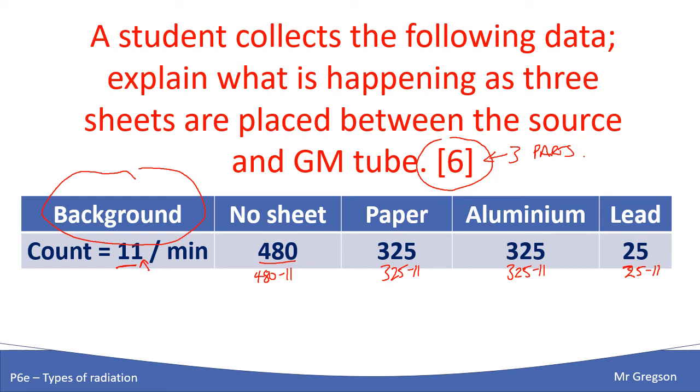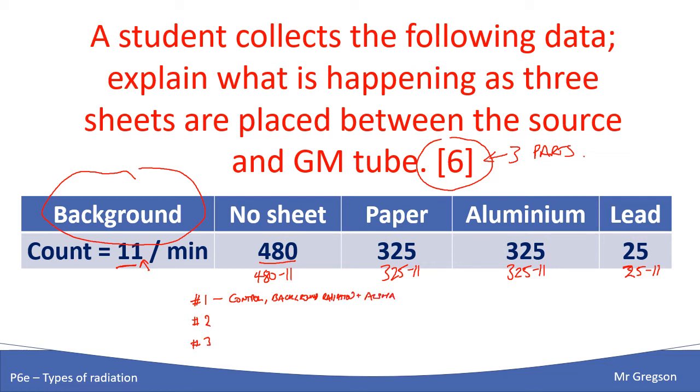Now, that would definitely be one of the things I would expect to see in your 6 marker. But when we're looking at a 6 marker about radiation, well, we've got 3 types of radiation, and we can talk about them in our 3 paragraphs. So 1, 2, and 3. We can talk about paragraph 1. We can look at the control, background radiation and alpha.